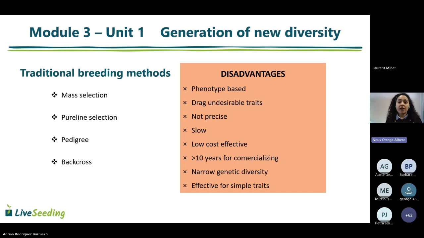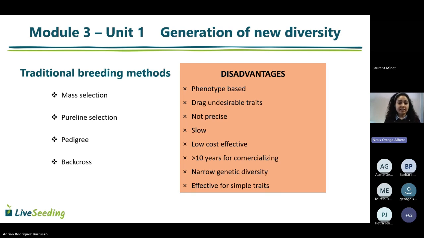These methods are not precise, are mostly not cost effective or efficient, so that we cannot exploit the potential of a genotype. And also they are commonly slow, requiring over 10 years to obtain and release a variety into the market.